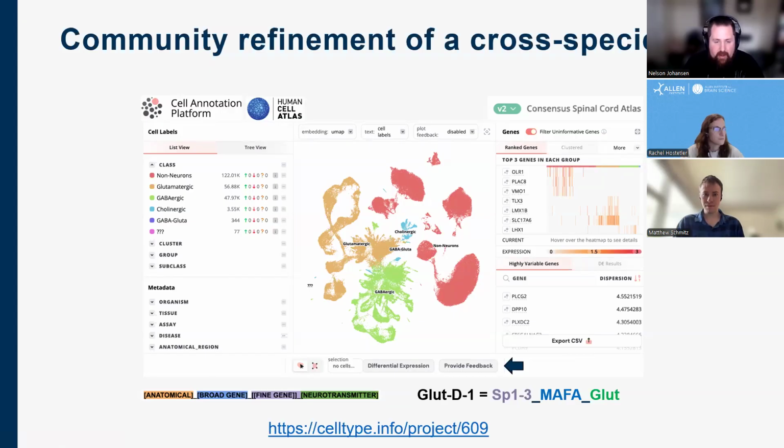So the example here is GLUT D1, glutamatergic dorsal horn type 1 from Yodavidal. We've renamed it to spinal cord lamina 1 through 3, expresses the MAF gene and is glutamatergic. So really a lot of rich information in this name as we've expanded it from the prior taxonomies.